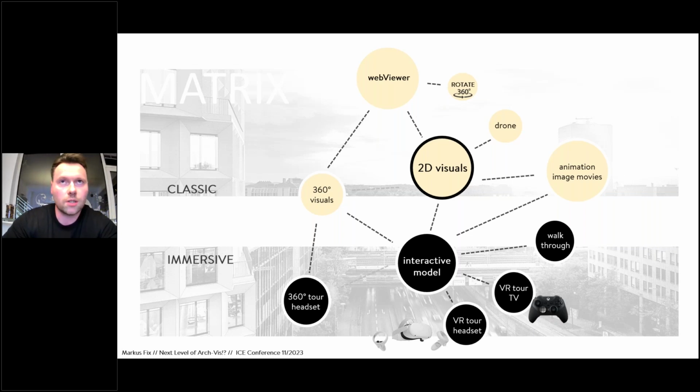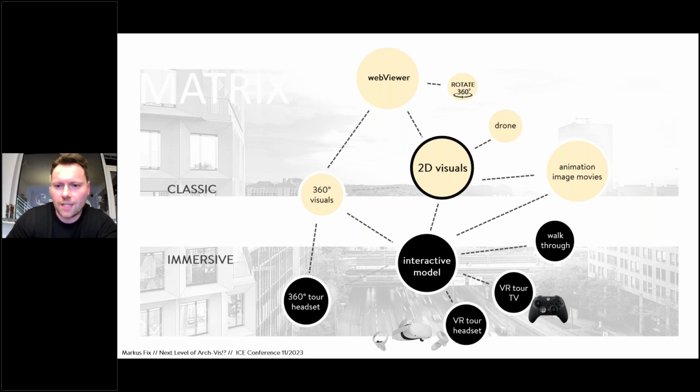Most important are images, and from there we also got drone shots and animations, or the web viewer, which I'm coming to later. And on the bottom, there's the immersive tool. This is also our next level, our technical level, and a big milestone. We're doing it with a game engine, with Unreal.